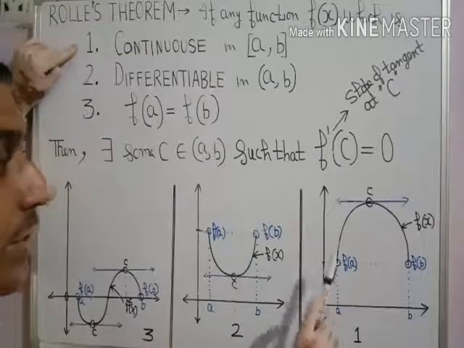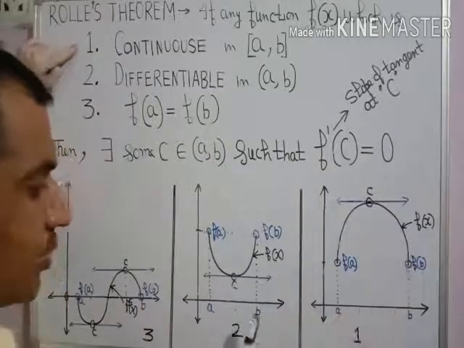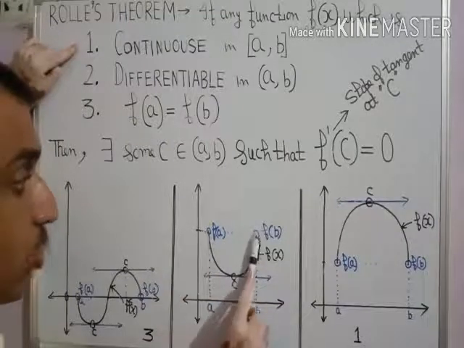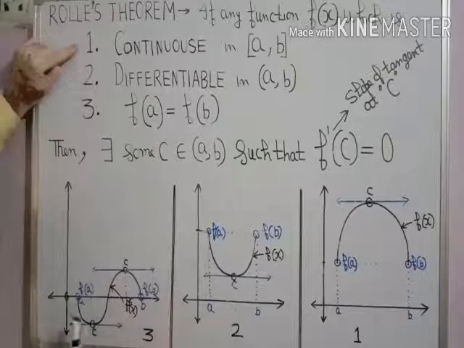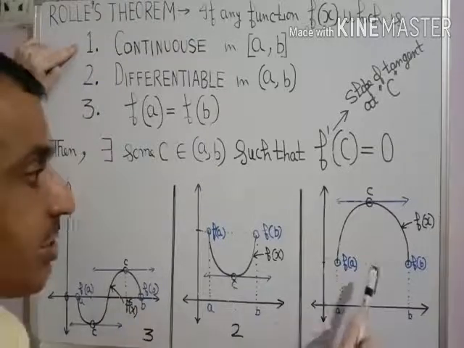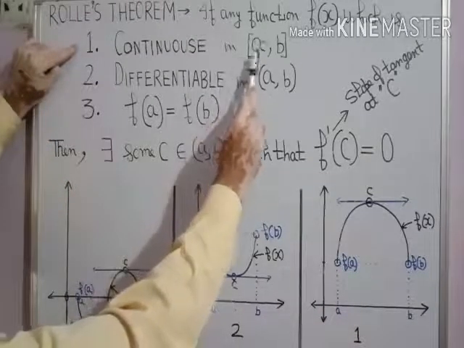Continuous means the function is not broken from a point to b point. You see in this condition, from a point to b point the function is not broken, and in this condition from a to b also the function is not broken. So in three conditions the function is continuous in closed interval a comma b.